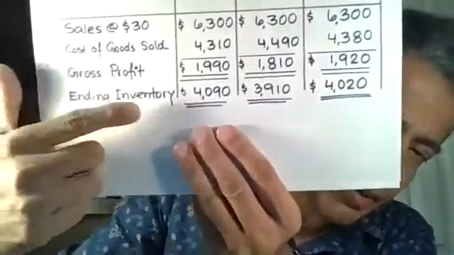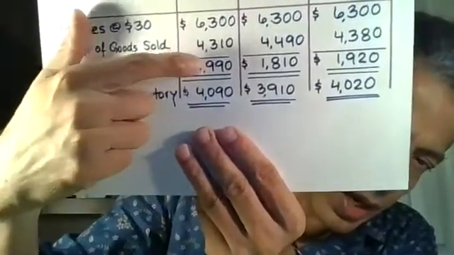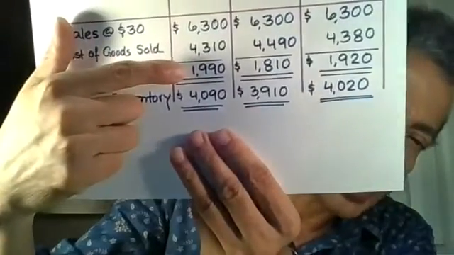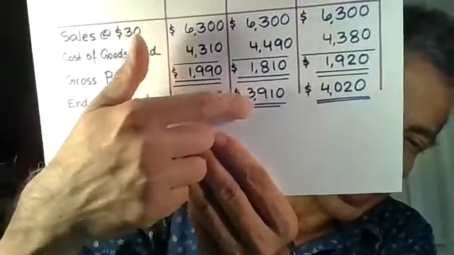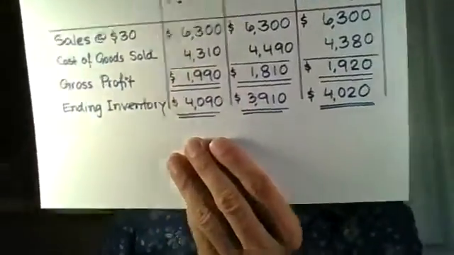FIFO shows the highest closing stock value, and FIFO also will show the highest gross profit number. Then LIFO shows the lowest closing stock value, and LIFO would show the lowest gross profit number. As I said, the higher the stock valuation, the higher the asset values, the higher the profits. Dollar for dollar. That's why valuation is so important.